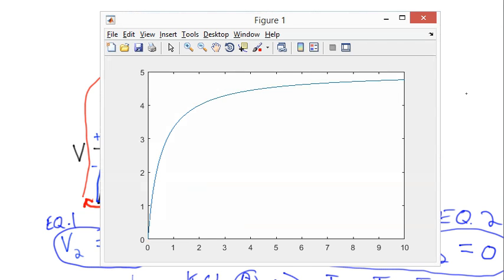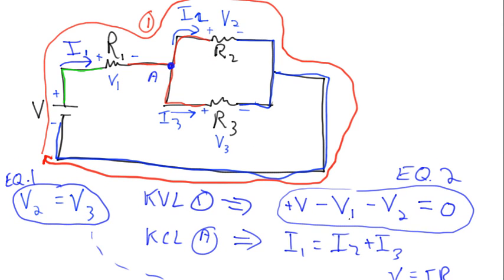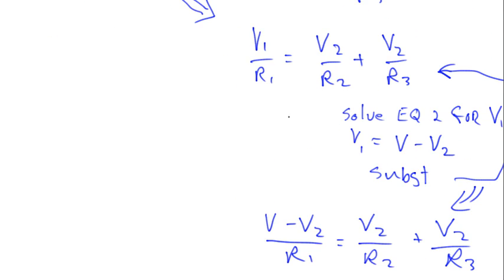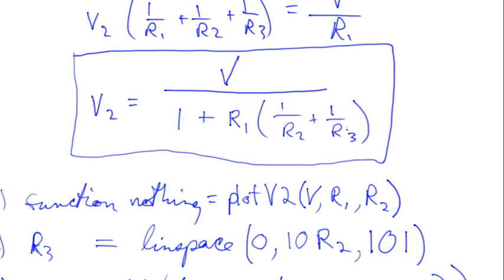I think, if I recall correctly, we were expecting, from the expression I got for this, that as R3 got bigger, that would make this number right here smaller, which makes the entire denominator smaller, which makes V2 get bigger. So as R3 gets bigger, V2 gets bigger.